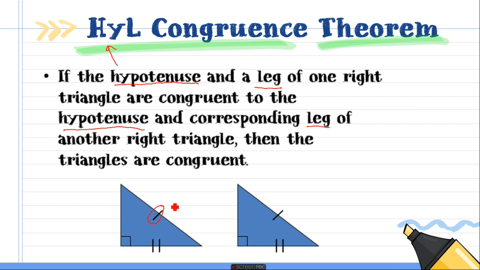This one is the hypotenuse, congruent to this hypotenuse. They are hypotenuses because they are opposite the right angle. This leg here is congruent to the leg there. So that's HYL already. Again, because this triangle has two legs, we can also use this other leg to represent the HYL.